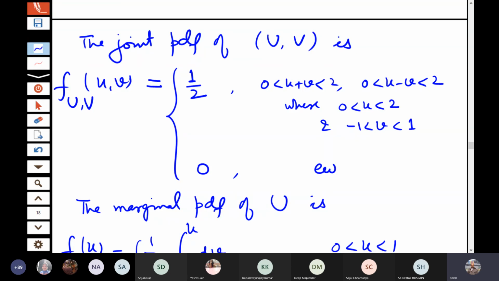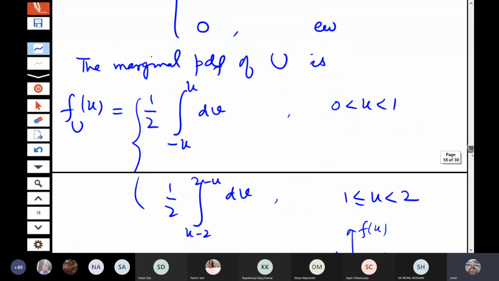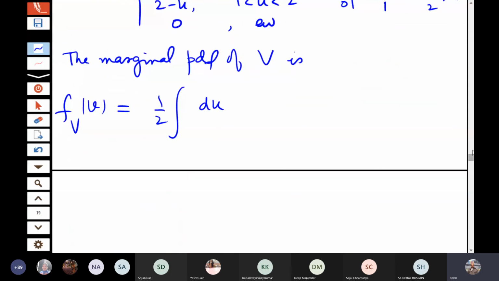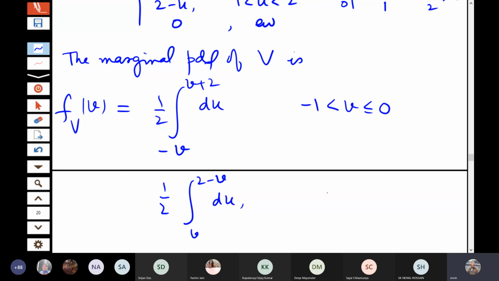So you have to take the shortest region, that is the intersection of these regions. If v is between minus 1 to 0, then you can write the region as from minus v to v plus 2, and it is from v to 2 minus v if v is between 0 to 1.